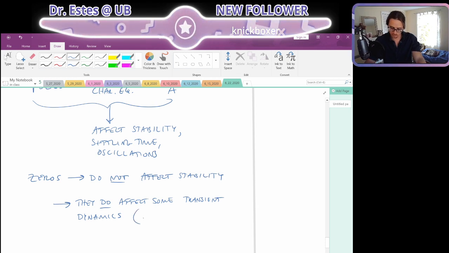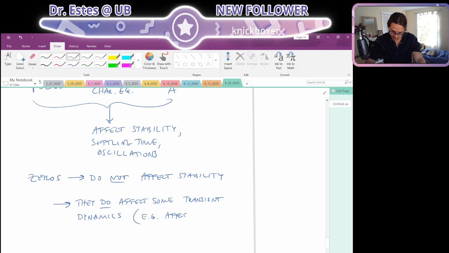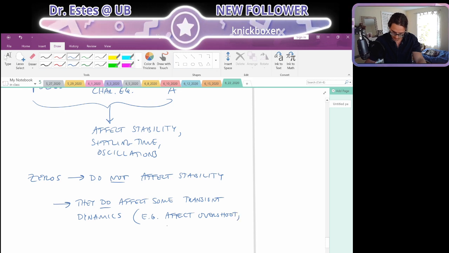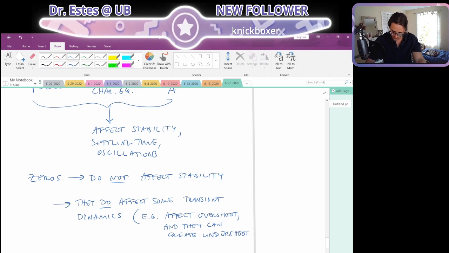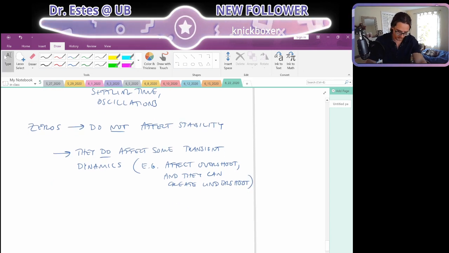For example, they can affect overshoot, and they can create undershoot. We haven't even talked about undershoot, but let me show you what it looks like.